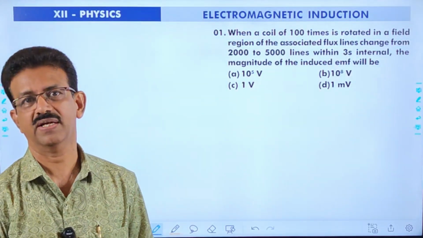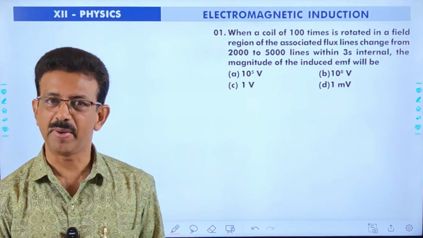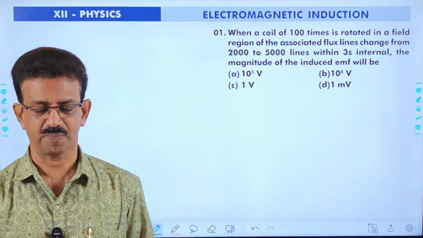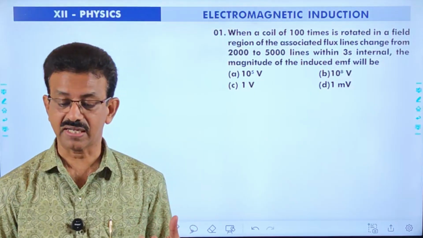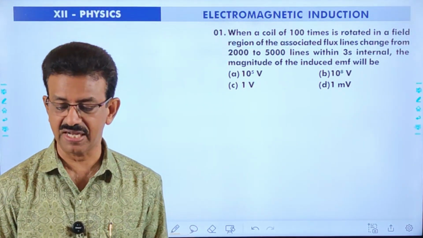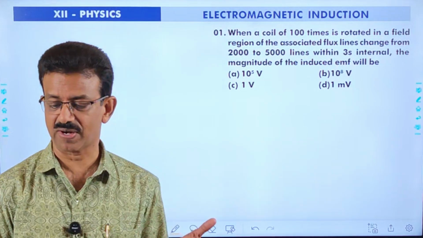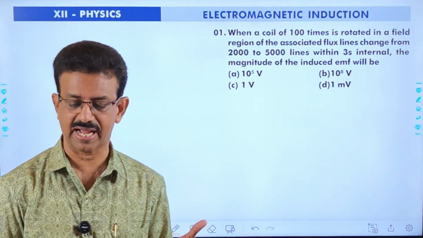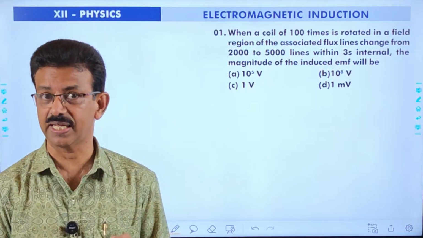The first question of this topic is a problem based on Faraday's law. I'll read the question first. When a coil of 100 turns is rotated in a field region, the associated flux lines can change from 2000 to 5000 lines within 3 seconds. The magnitude of the induced EMF.